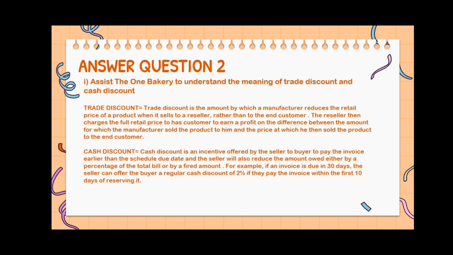The cash discount is an incentive offered by the seller to the buyer to pay the invoice early, before the scheduled due date, and the seller will reduce the amount owed either by a percentage of the total bill or by a fixed amount. For example, if an invoice is due in 30 days, the seller can offer the buyer a cash discount of 2% if they pay the invoice within the first 10 days of receiving it.